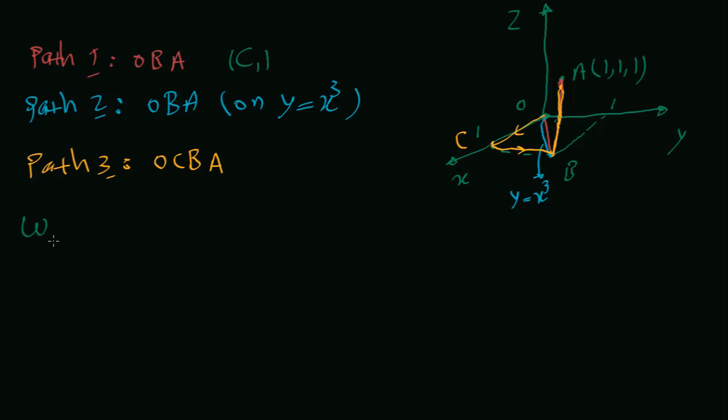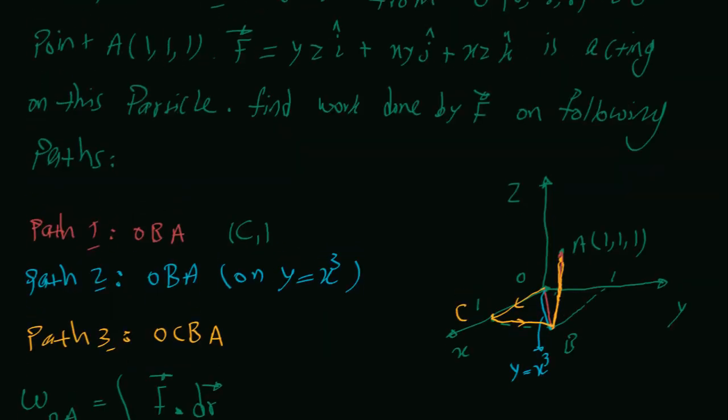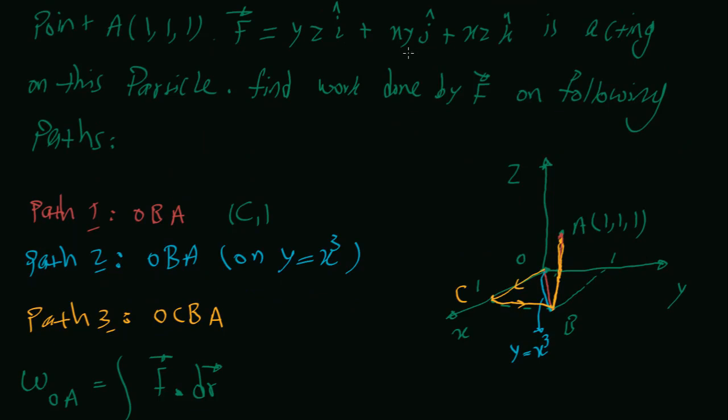So W going from O to A on C1 is equal to the integral over C1 of F dot dr. So we have the equation for force here, yz in the i, xy in the j, and xz in the k, and we have to calculate dr along these different pieces of path C1.